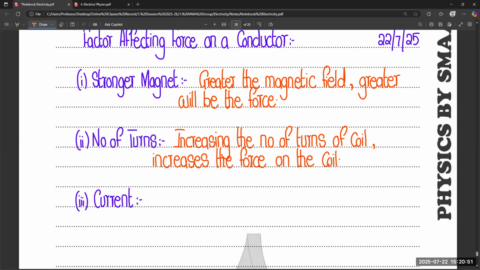So the greater value of the current will also produce greater change in the coil or greater rotation in the coil. So that will also increase the rotation or the force on the coil.